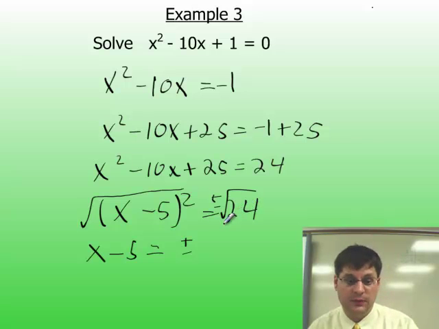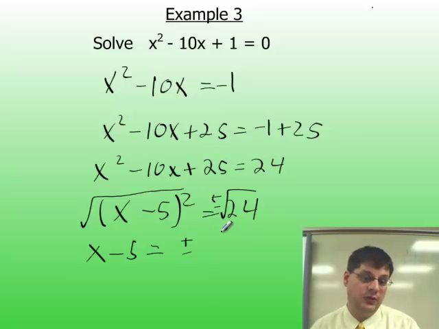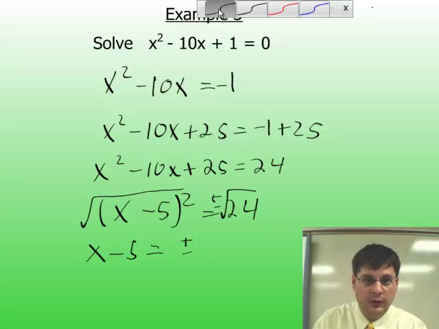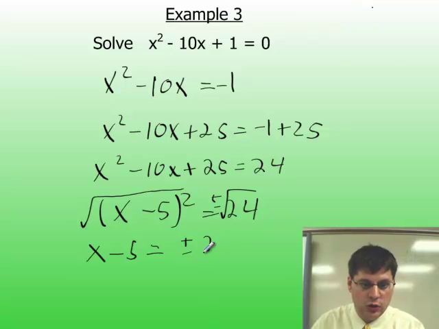Now, I'm going to simplify that. 24 can be simplified to, let's see, the perfect square that goes in there is 4. And the square root of 4 is equal to 2. So that would be 2 square root 6.